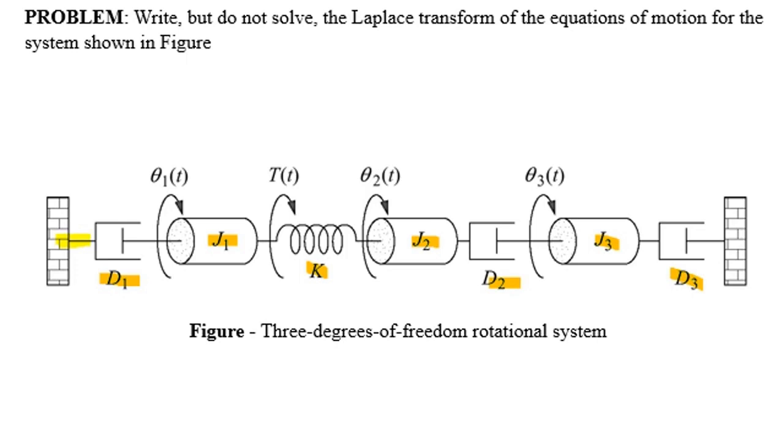If you look at the arrangement, one end of D1 and D3 is tied to a fixed wall, so they can't move, whereas J1, J2 and J3 have 3 points which can rotate freely. So we have a system with degree of freedom equals 3. The first point of rotation is represented by theta 1 of t, the second point of rotation by theta 2 of t, and the last point of rotation is theta 3 of t.